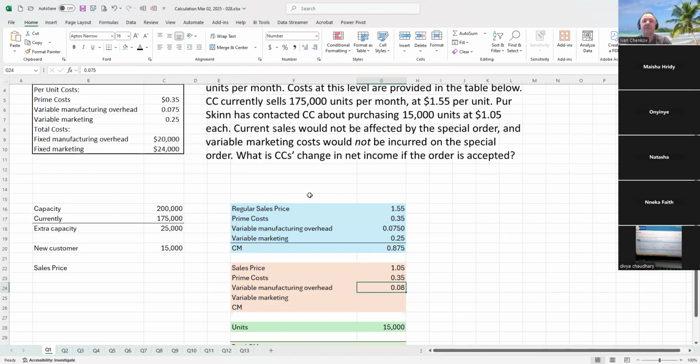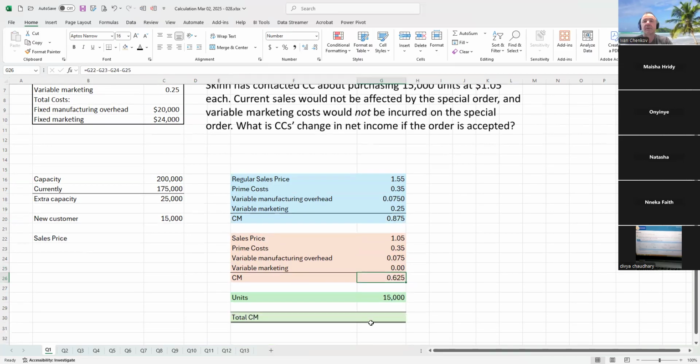Are we going to have this marketing cost? No, because they're ordering directly, and it says here the variable marketing cost will not be incurred. So how much will our contribution margin be here? It's going to be 0.625. That's correct.